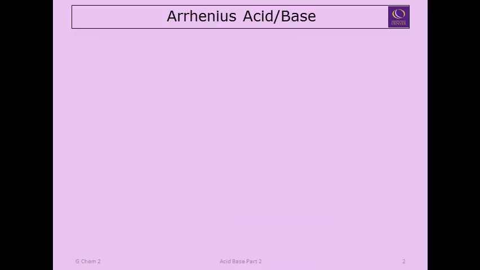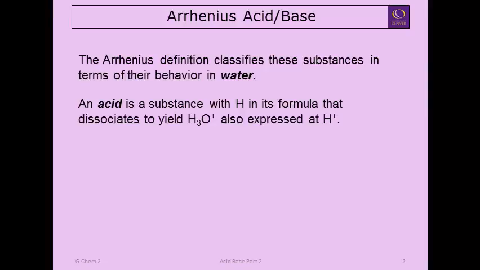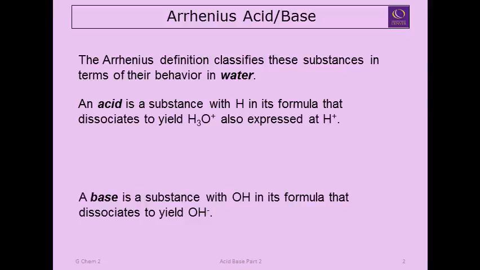Okay, just to review real quick, we talked about this in the first video, that the general definition for acid and base is what we call an Arrhenius acid and base definition. An acid is something that gives up a free proton or an H plus ion, which we call the hydronium ion. It's sometimes described as an H3O plus because that H plus associates with water and makes an H3O plus.